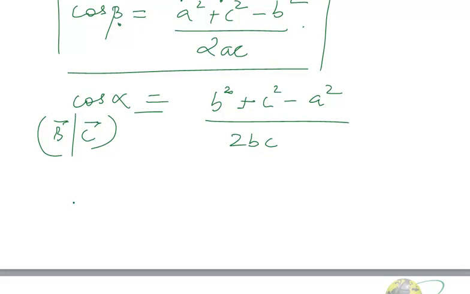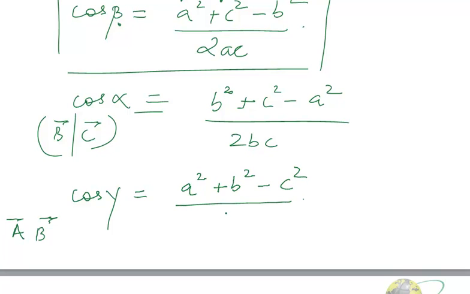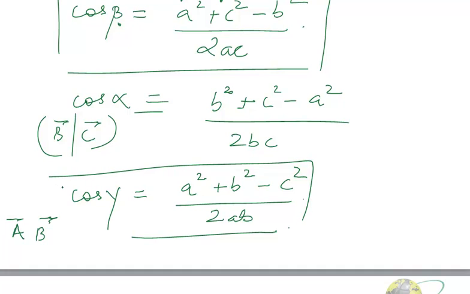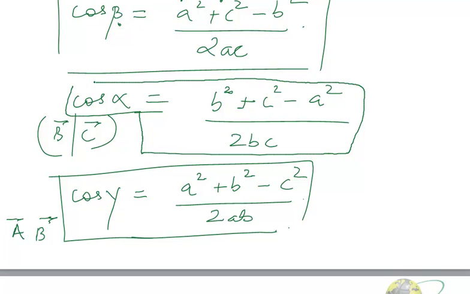Similarly cos gamma, where gamma is the angle between vector A and B, will be given by A square plus B square minus C square upon 2AB. So these three values are standard forms which we should always know, and we did this proof using the dot product.